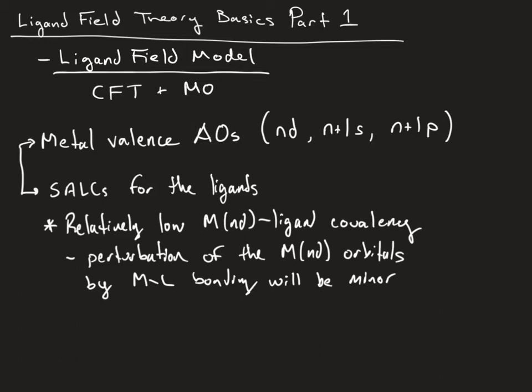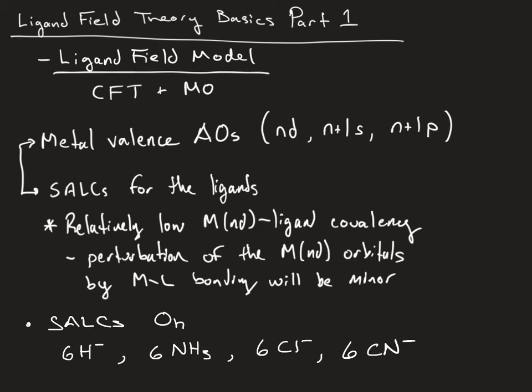In this video, we're simply going to consider the ligand-based SALCs for compounds in OH symmetry. And we're going to consider SALCs formed by 6 hydrides, 6 amines, 6 chlorides, and 6 cyanide ligands.